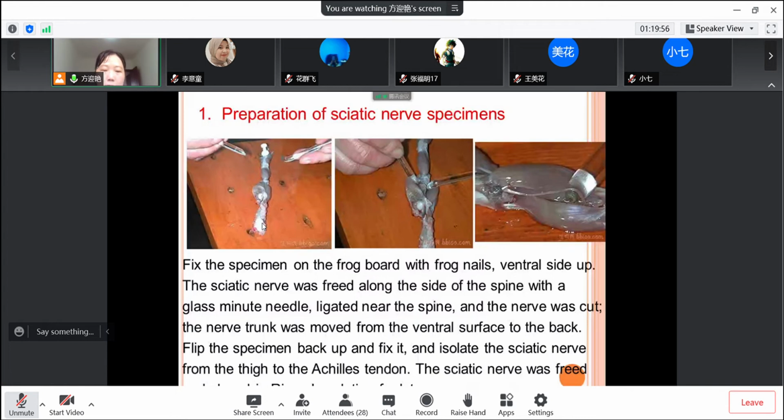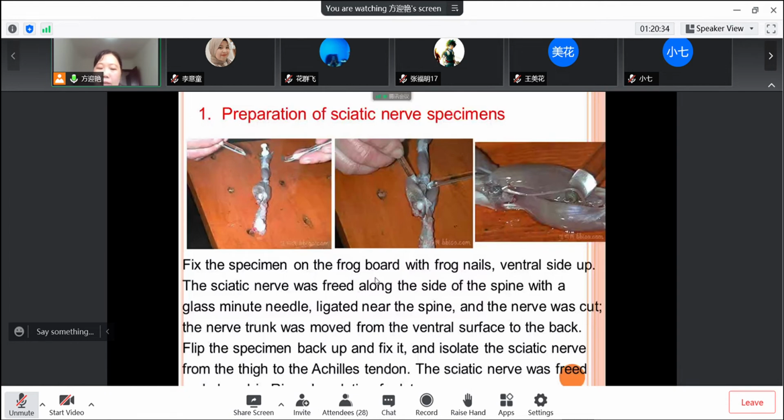We can see here we fix the specimen on the frog board with the frog legs, the ventral side up, and the sciatic nerve is freed along the side of the spine. We use glass needles, we cannot use metal needles.